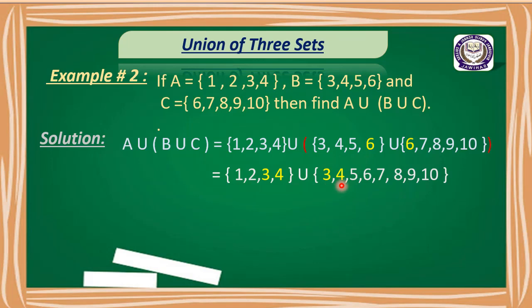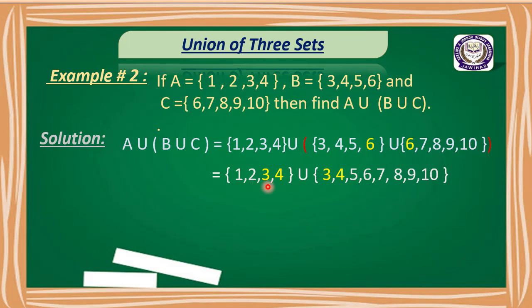3, 4, 5, 6, 7, 8, 9, 10 and you can see 6 is repeated here but we will write only one time 6. तो हमारे पास इसका आंसर क्या आ जाएगा? 3, 4, 5, 6, 7, 8, 9, 10. ये हमारे पास जो रिजल्टेंट सेट आया है B और C का यूनियन लेने से. फिर हमने इनका यूनियन लेना है सेट A के साथ.